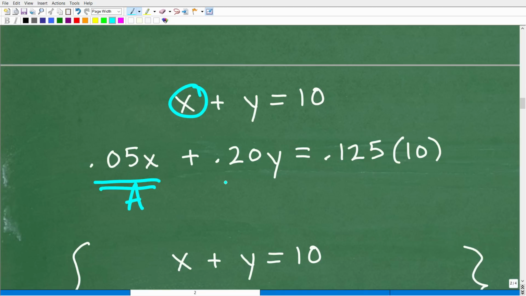And our 20% mixture, this is the amount of acid it's going to have, but we know that the total amount of acid together is going to be equivalent to the 12.5% acid of this 10-ounce solution.